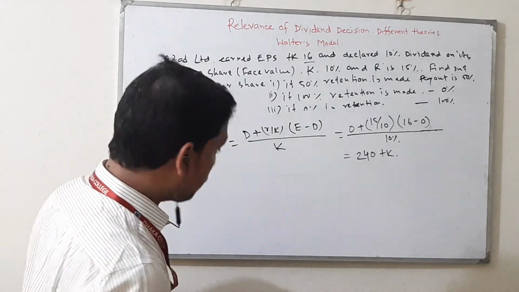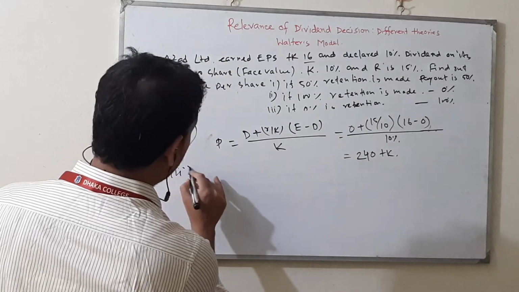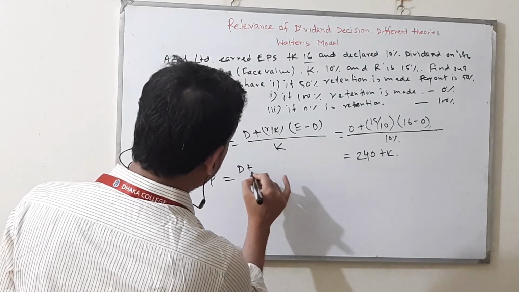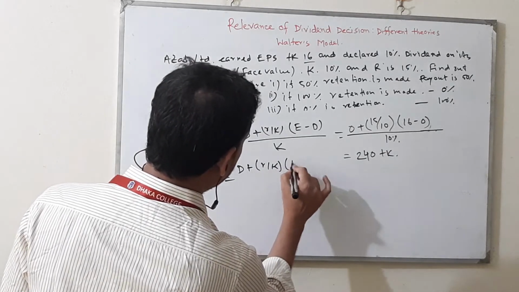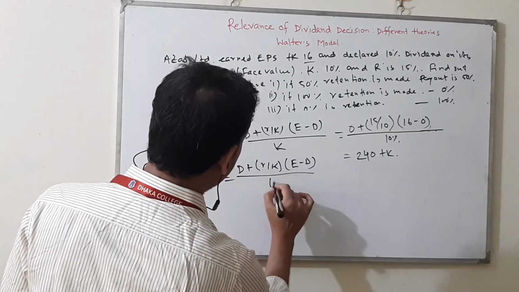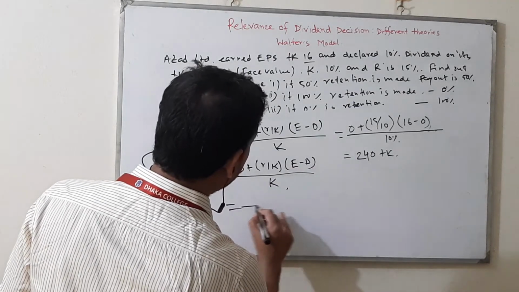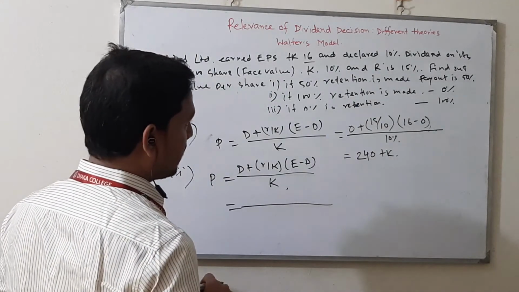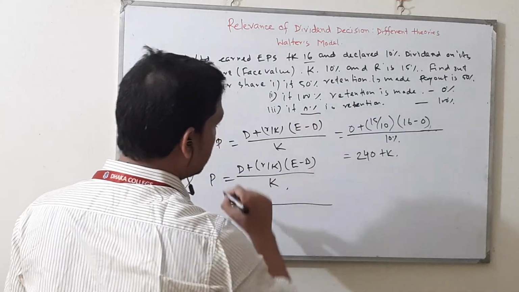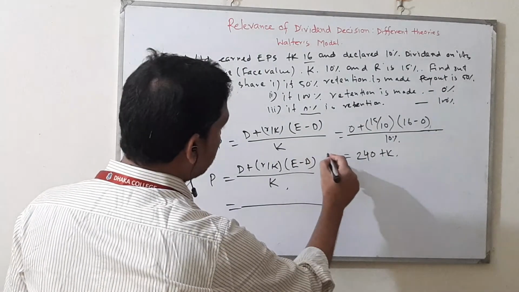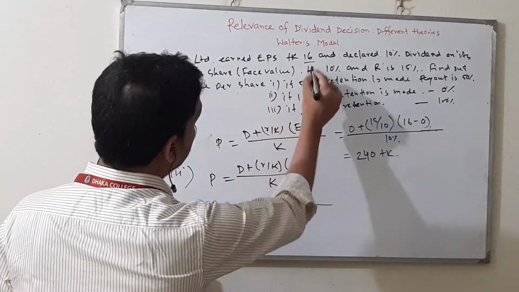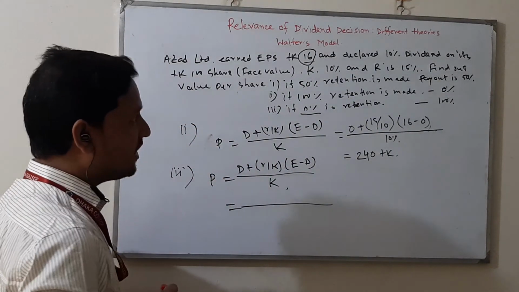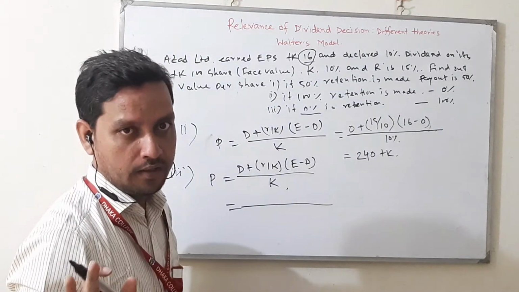And then the last one is number 3, where P equals D plus R by K into E minus D divided by K. So number 3, if 0% is retention, I mean total EPS, 16 taka, is distributed among the shareholders.